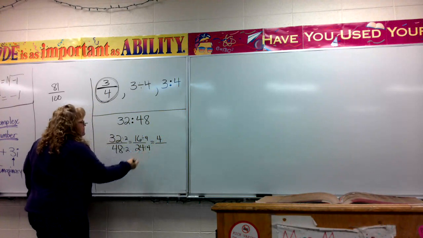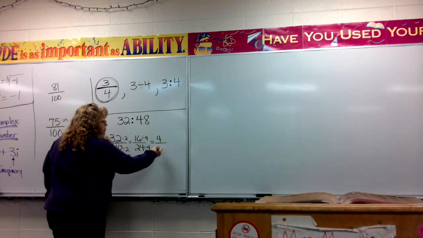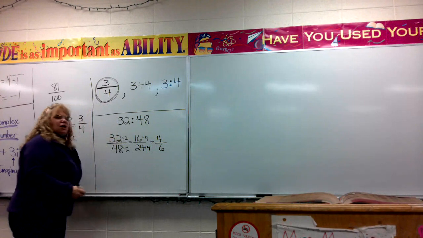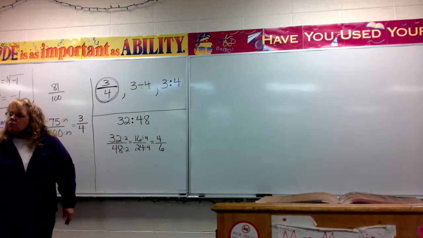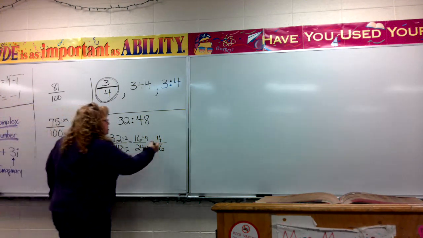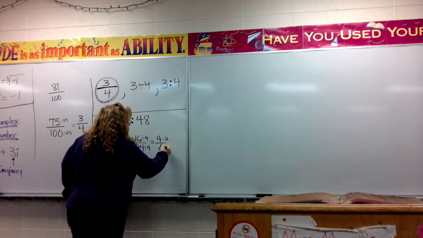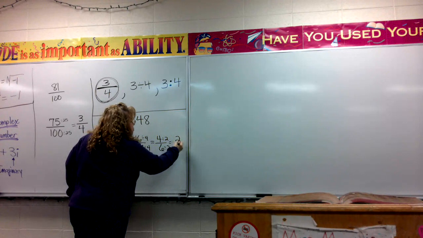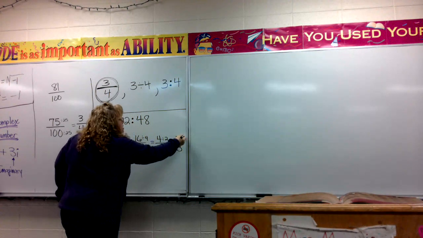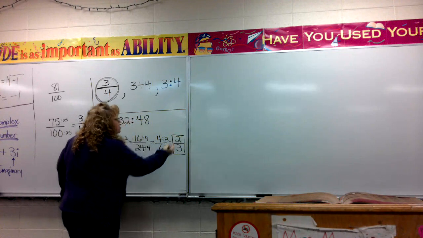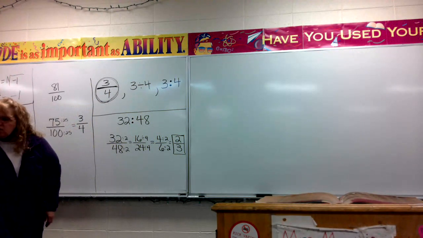What is 24 divided by 4? Is that lowest terms? What goes into both of those? 2. So 4 divided by 2 is 2. 6 divided by 2 is 3. So right there, that's your simplified ratio.